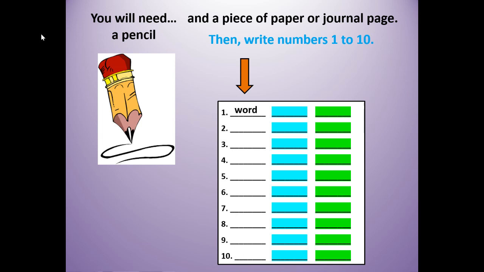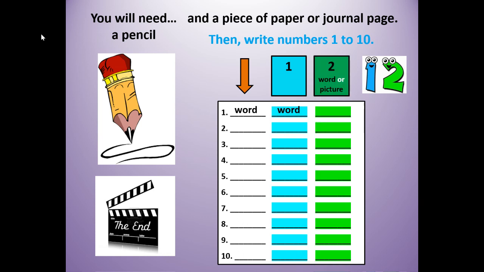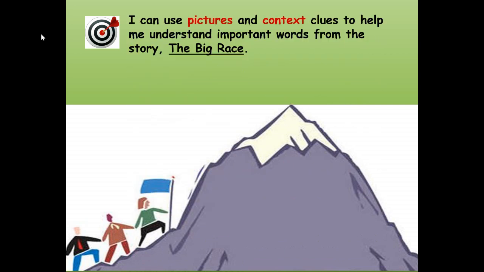Because after you write all of your 10 vocabulary and sight words, at the end of the lesson, you're going to write your words another 1 to 2 times. And in the third column, you can either write the word a third time or draw a quick picture or sketch.